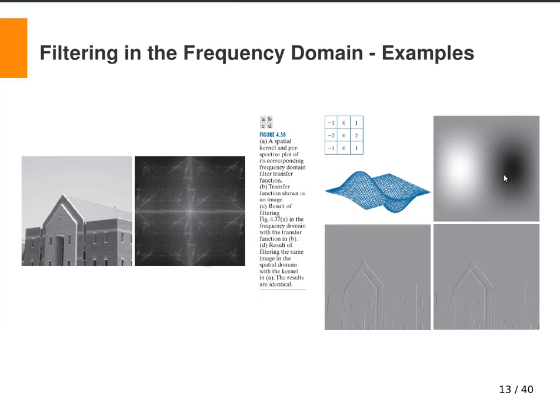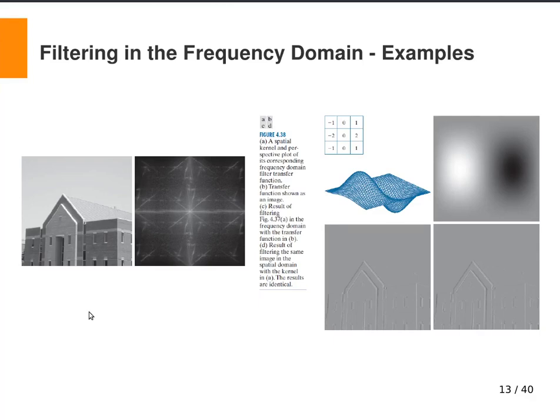Here is basically the same transfer function shown as an image, so any valley that you see here is shown with a darker value, any peak that you see here is shown with a brighter value. And these two are basically the result of filtering in the frequency domain and the result of filtering in the spatial domain, and as you can see they are identical.